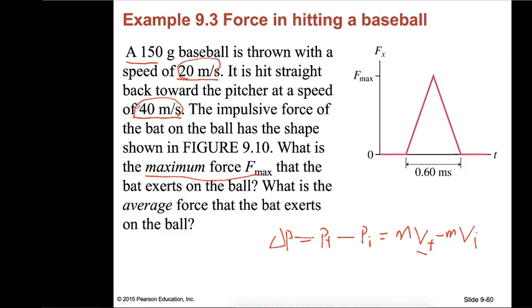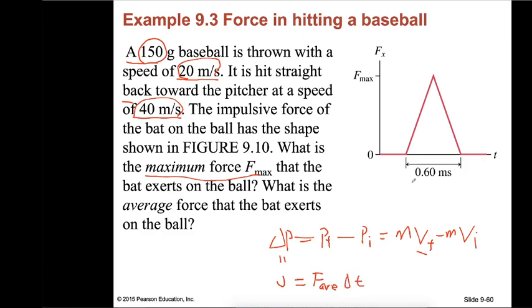But please notice that it's backward when it's 40 meters per second, so it's negative 40 as the final. And do you know the mass? It's 150 gram or 0.15 kilogram. So you can calculate delta P. If you have delta P, then you know J because J equals delta P. And J also equals F average times delta t.